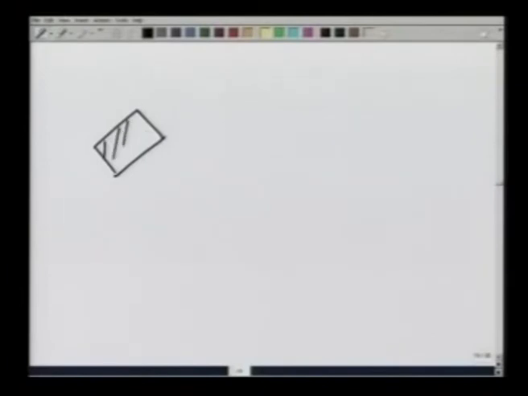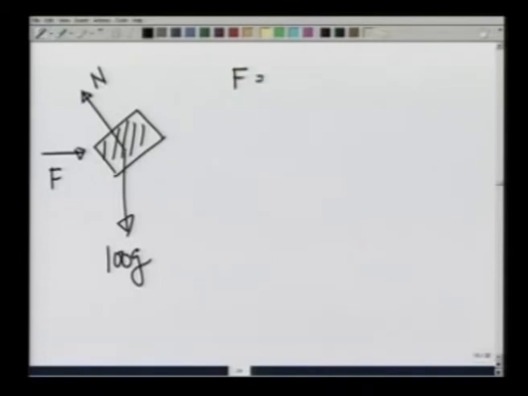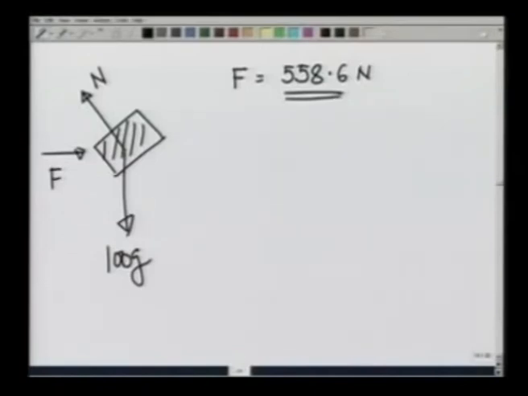So let me make this block again. 100 g, normal reaction, the force F. If F is equal to 558.6 newtons, the block is in equilibrium and frictional force is 0. I can say that because with this I don't need any frictional force to have the block in equilibrium.